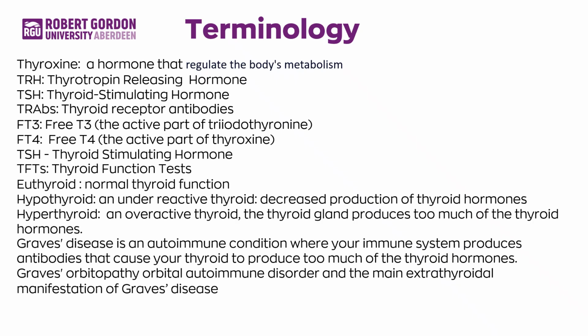We also have terms such as euthyroid, which refers to a normally functioning thyroid; hypothyroid, referring to when the gland is underactive or underproduces thyroid hormone; and hyperthyroid, where there's overproduction of thyroid hormone. There's also Graves' disease and Graves' orbitopathy. Again, pause this video and have a quick look at this terminology.